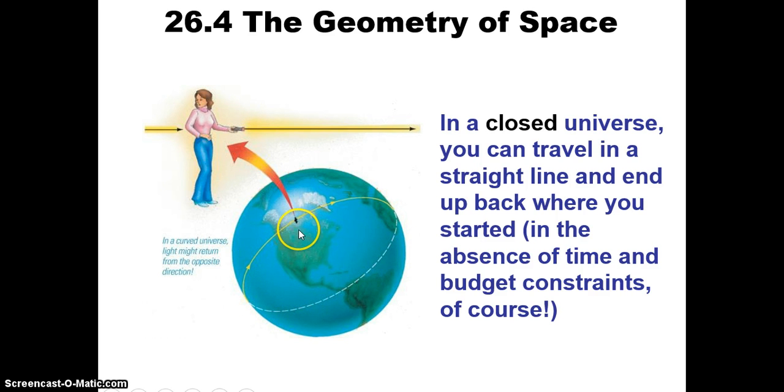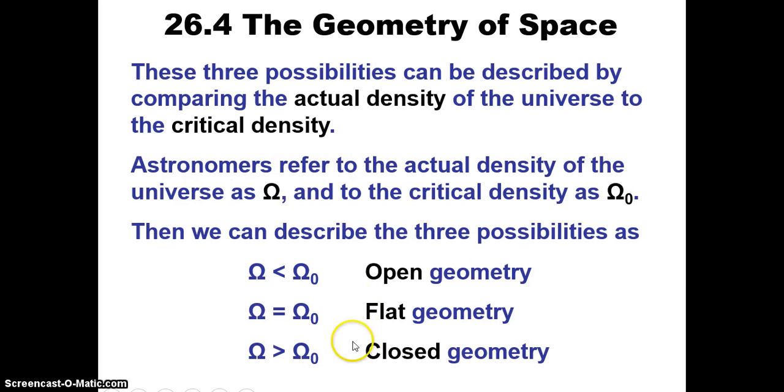That's the idea of a closed geometry. For a closed universe, that's exactly what would take place. It might take billions and billions of years for space travelers to do that, and we really don't know, but that's what a closed universe would mean. And remember, in the closed universe, the actual density is greater than the critical density.